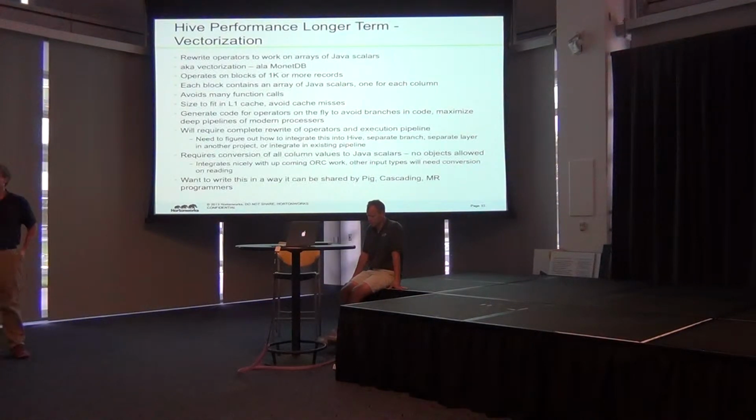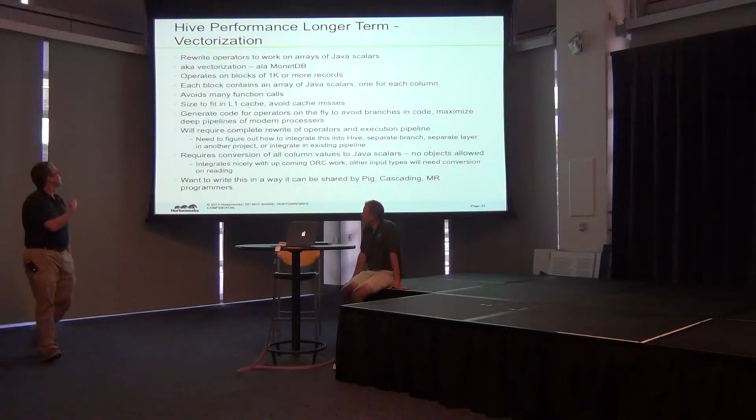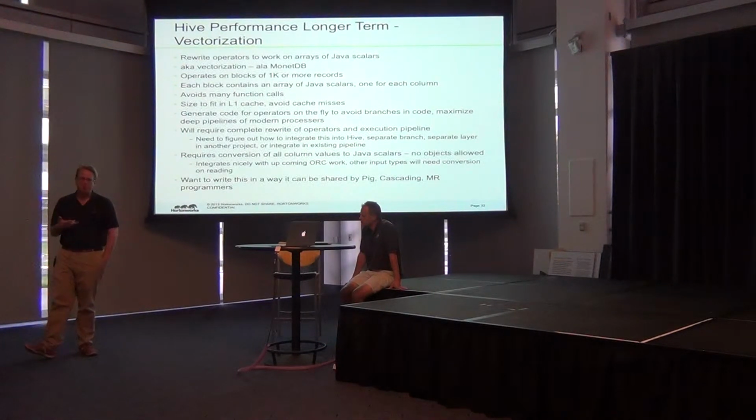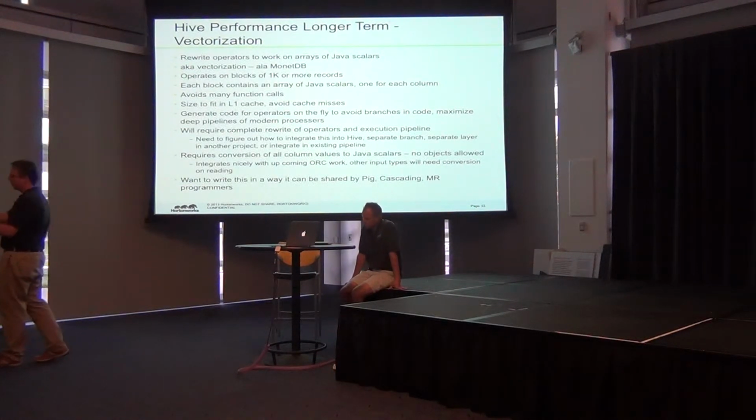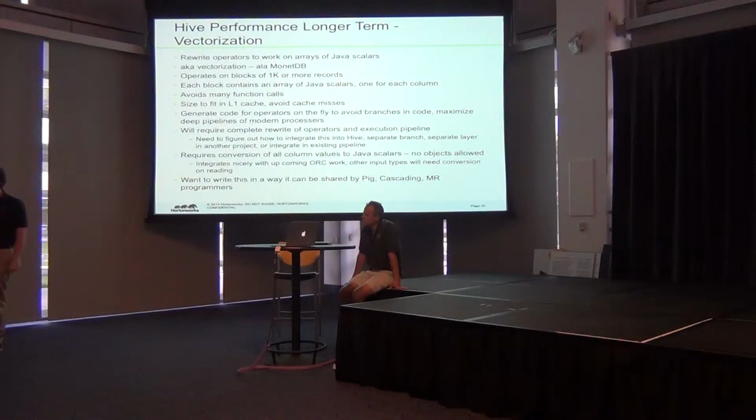So what we want to do is change it around, and a lot of this work is based on the paper on MonetDB, where if you've got an integer column and a float column and a double column, you have those as arrays of primitives.